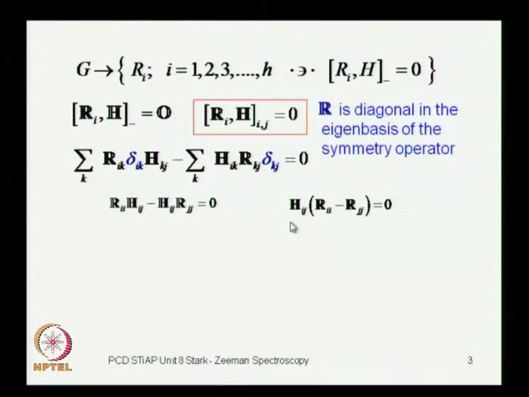and now you can factor out Hij as common and you have this product which vanishes, which means that if one of the factors is not 0, the other must be 0.